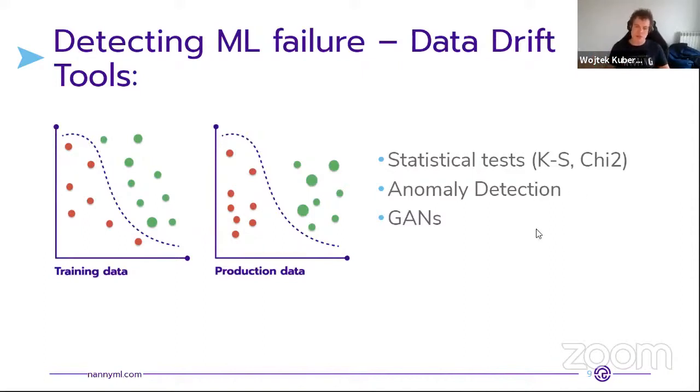And the last, most advanced way to detect data drift is using generative adversarial networks. We train the GAN on our training data, so it learns how to mimic the training data, and then we use the discriminator part of the network in order to basically see if the new production data is significantly different from the training data.